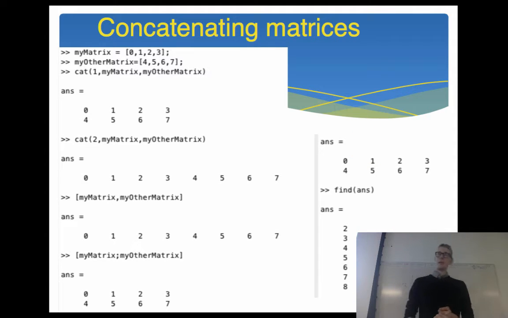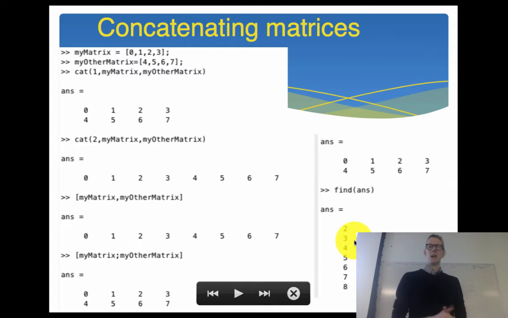The find command we're going to make some use of in a moment. What find does is tell me all the elements of my matrix that are non-zero. So it gives me the index of all the elements in my matrix that aren't 0. Now you'll notice that these indexes are one-dimensional.